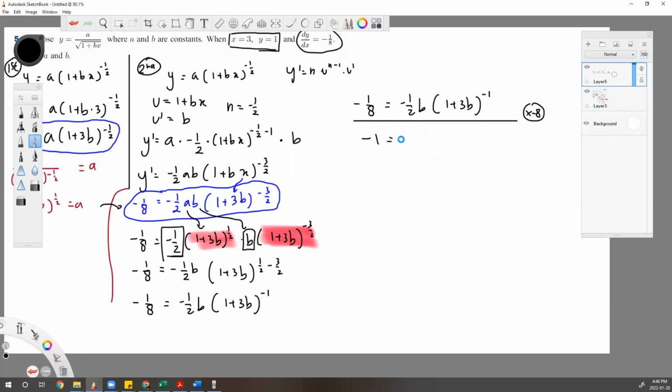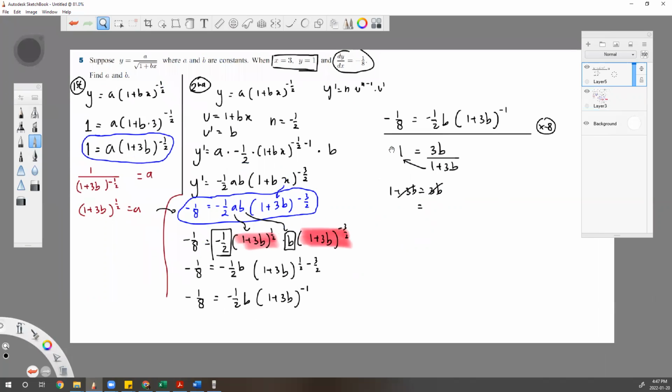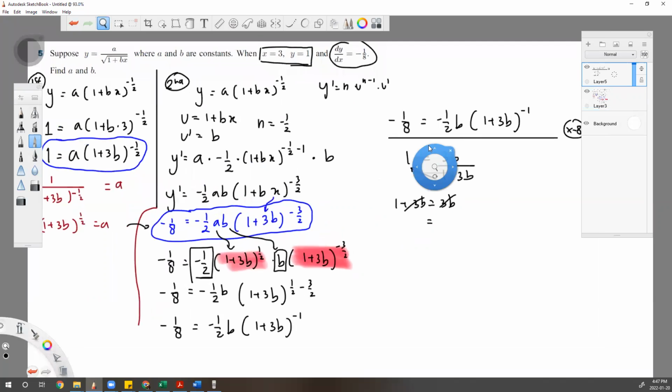So negative 1 equals, no, so 1 equals 3b over 1 plus 3b, right? 1 plus 3b equals 3b. Wait, it's so weird because the b is crossing. Wait, yeah, Tedra. I got confused right now.